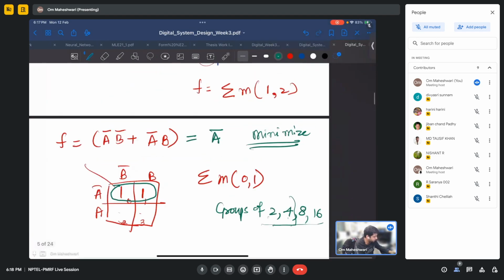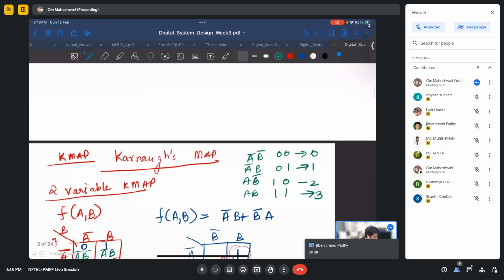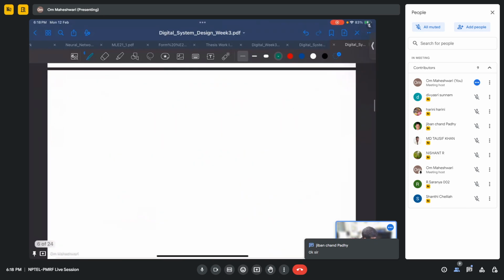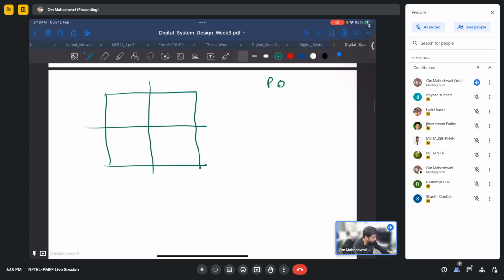Now in this question we have 4 variables p, q, r and s. So how do we draw a 4 variable K-map? Let us start with 2 variables. Let's say we have p, q, r and s.